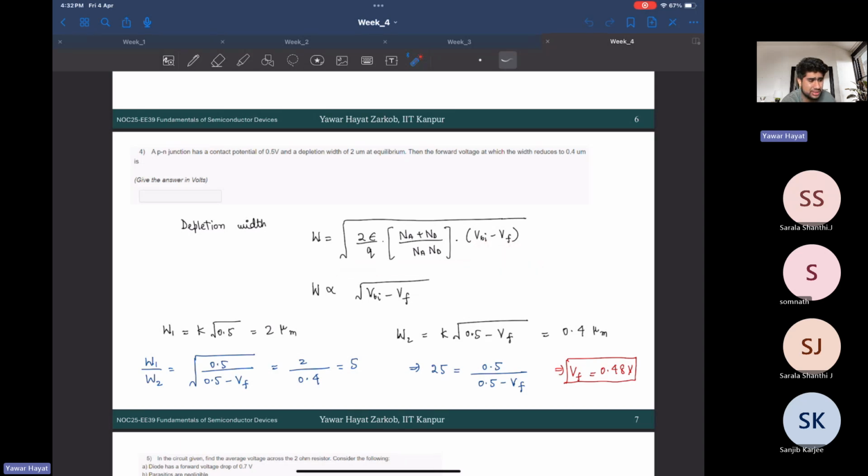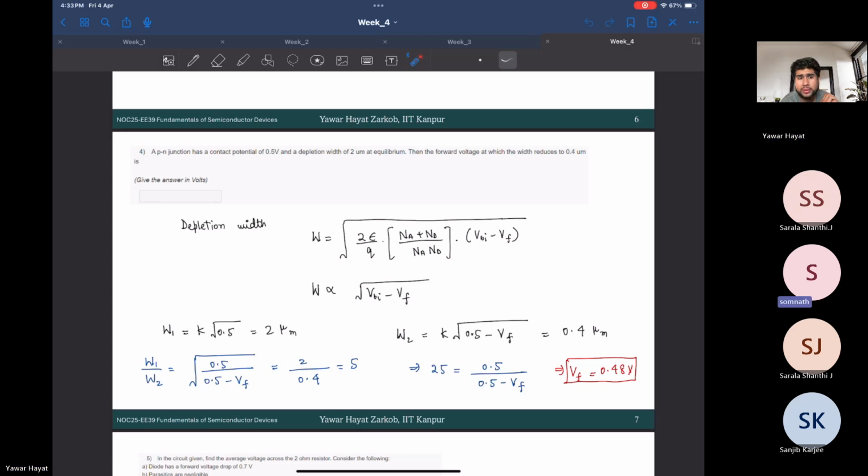So this is technically a limit, right? Qualitatively, the thing I want to take from this equation is that your depletion width is proportional to the square root of VBI minus VF. The rest of the things are constant, right? This is what depends upon bias.